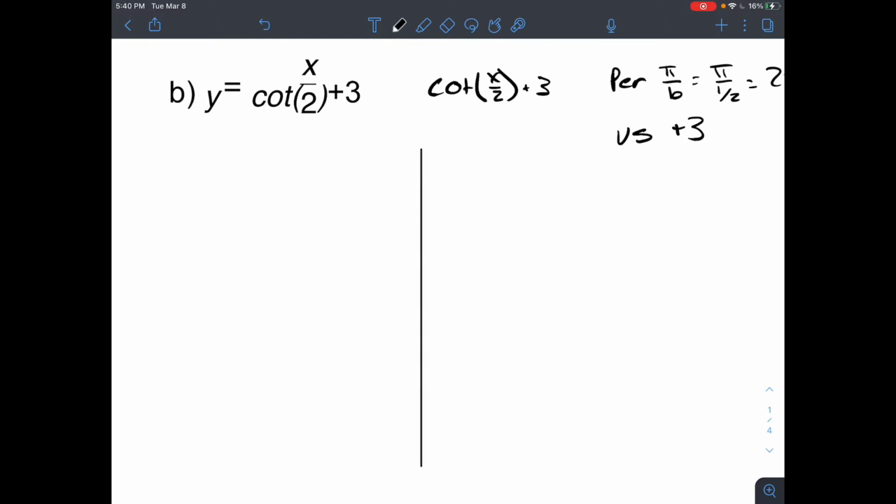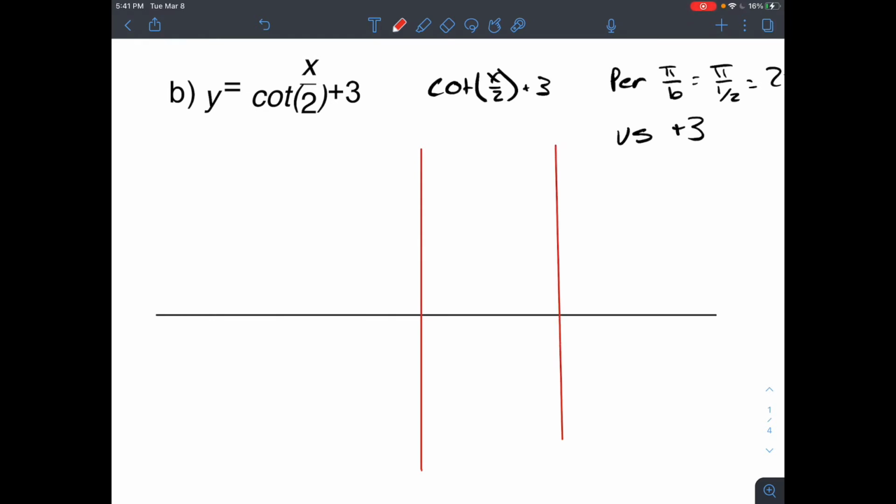Draw our axis. Our asymptote for cotangent is going to be on the y-axis. And then over here. And then over here.